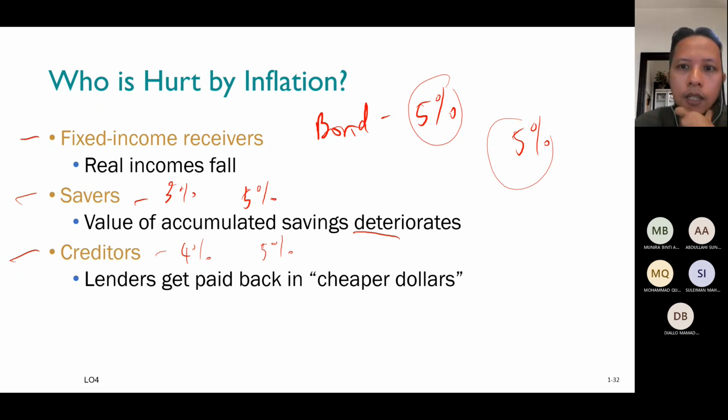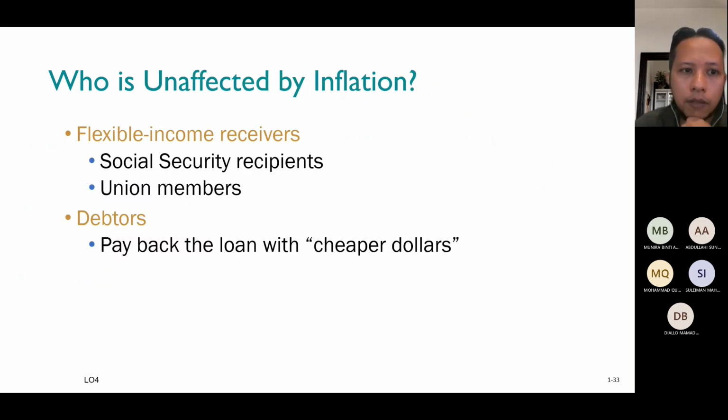Who are the people unaffected by inflation? These are people who have flexible income, income that is adjusted to inflation, for example people who receive social security or pensions, which are usually adjusted to inflation.